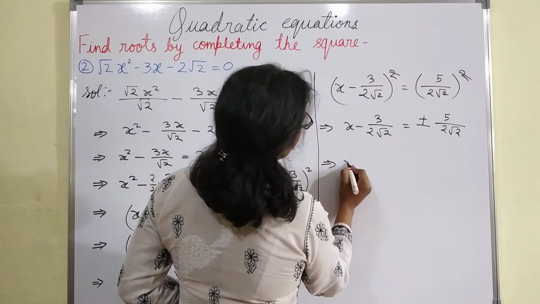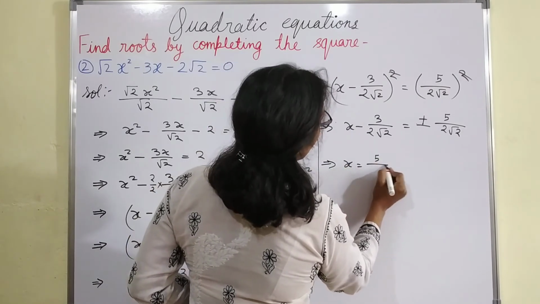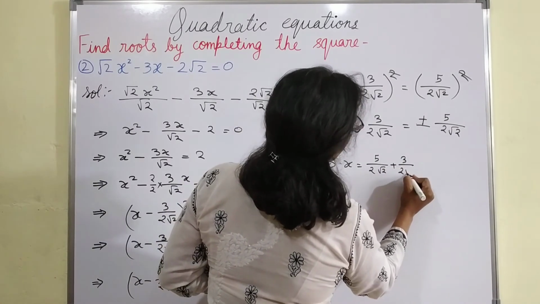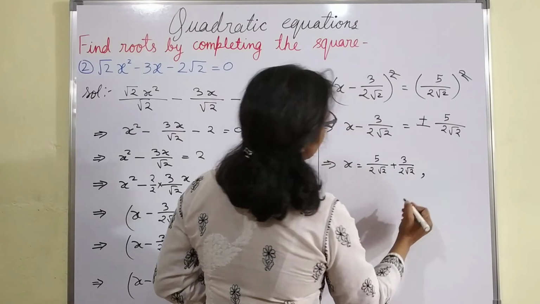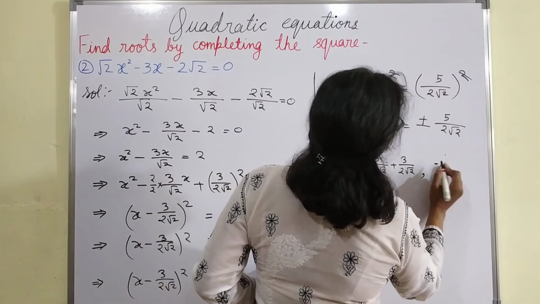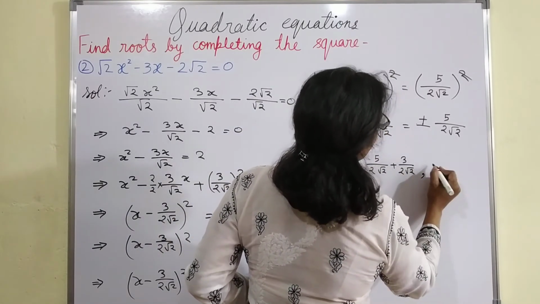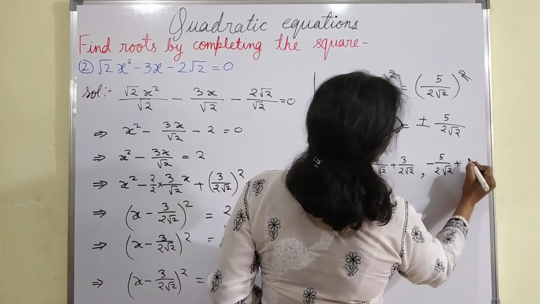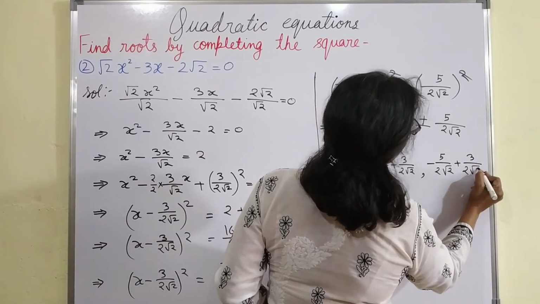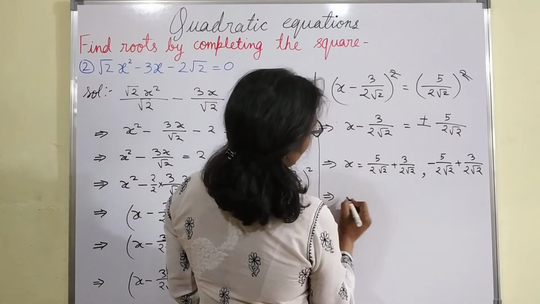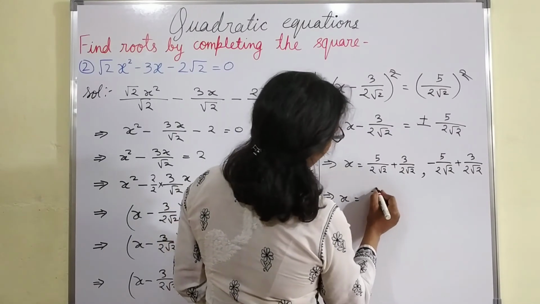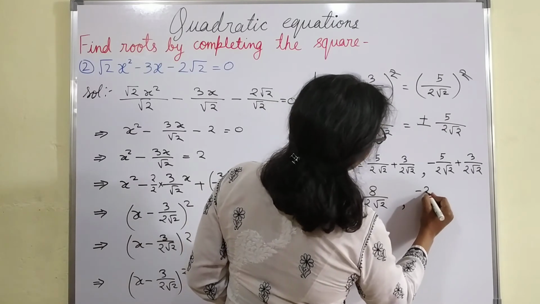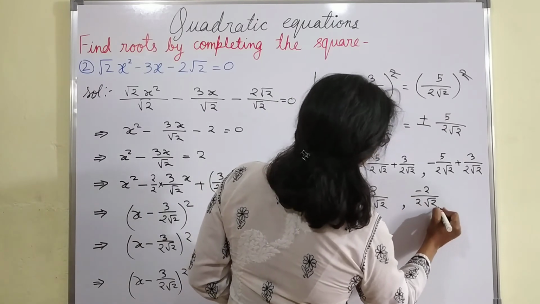So to find the zeros, x equals 5 upon 2 root 2 plus 3 upon 2 root 2 and minus 5 upon 2 root 2 plus 3 upon 2 root 2. So x equals 8 upon 2 root 2 and minus 2 upon 2 root 2.